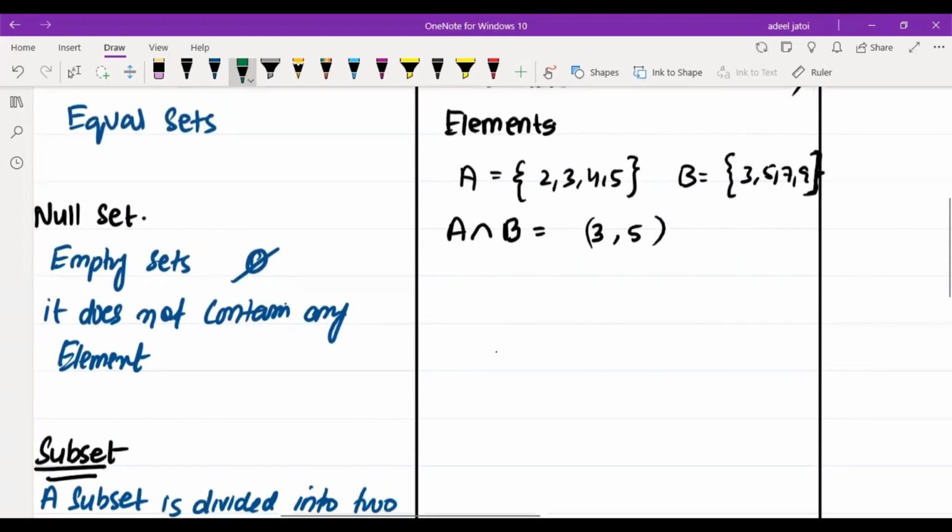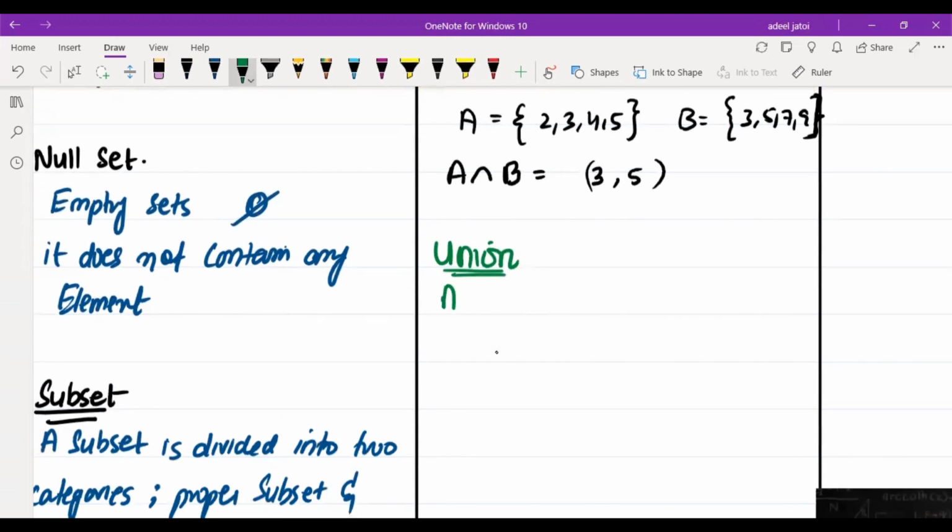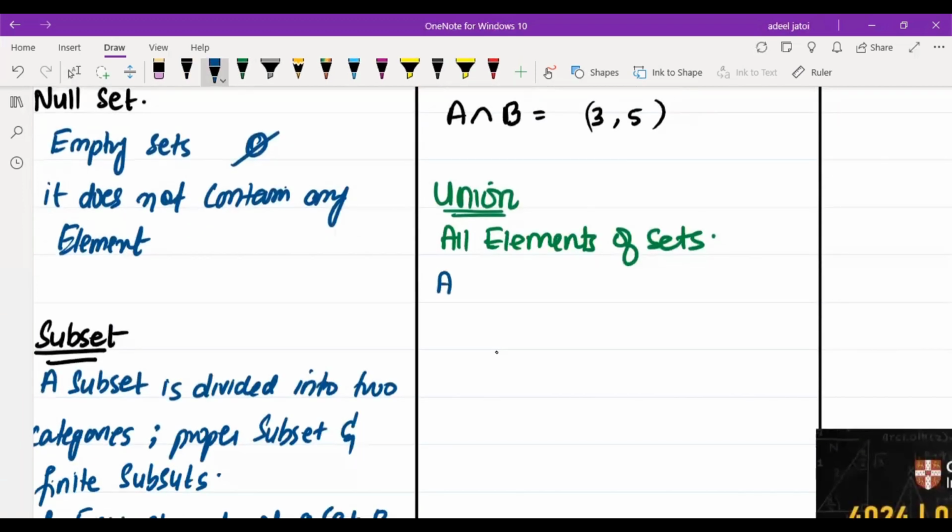In the same example, if we just consider union, union means all elements of sets. Let's say A is 2, 3, 4, 5, and B is 3, 5, 7, 9.